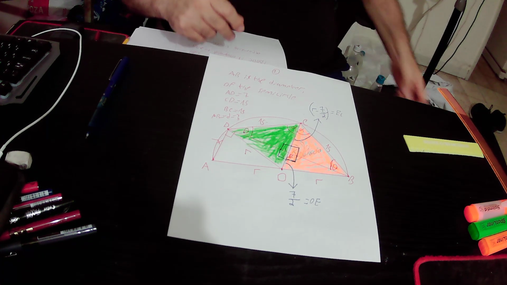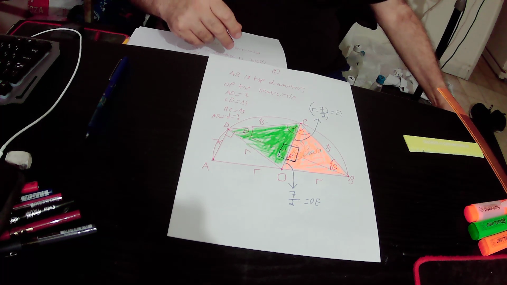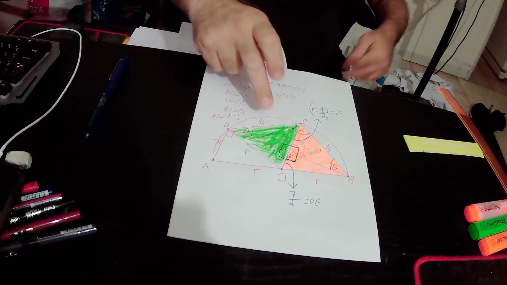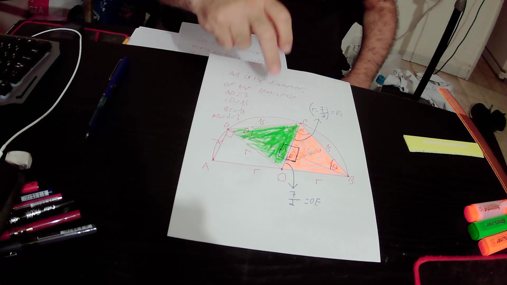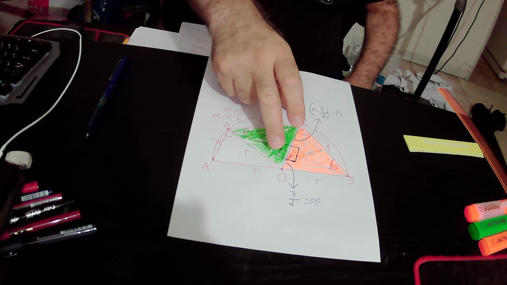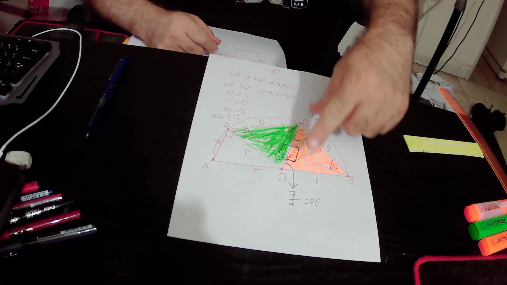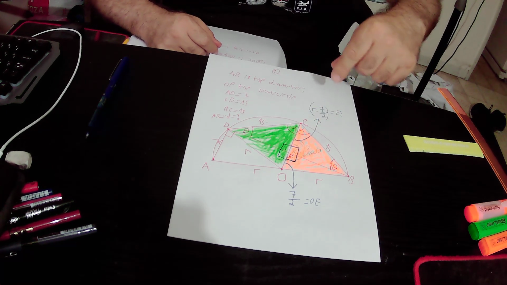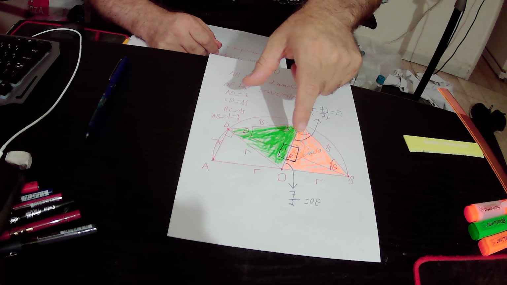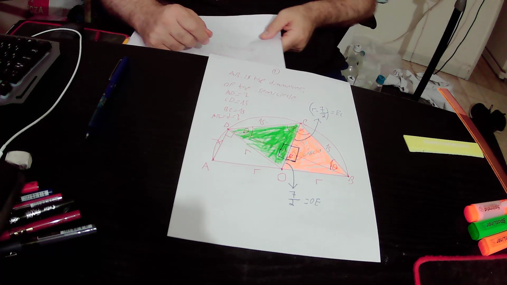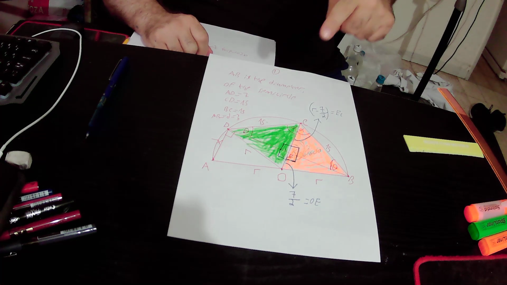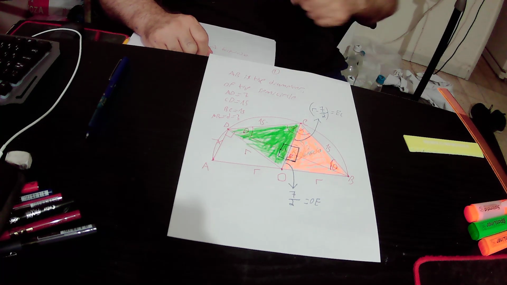Then we defined the center of this semicircle as point O, and then we connected together points O and C by a straight line, and we also connected together points O and D by a straight line. Then we focused on the green triangle and the orange triangle.